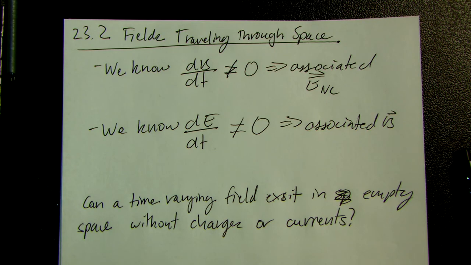So far, we have talked about fields associated with electrical currents. We have talked about fields associated with magnetic dipoles. We have talked about fields associated with charges. Now we're going to progress towards the pure electric and magnetic field and whether or not those can exist on their own, which involves a little shift in how we think about these fields.